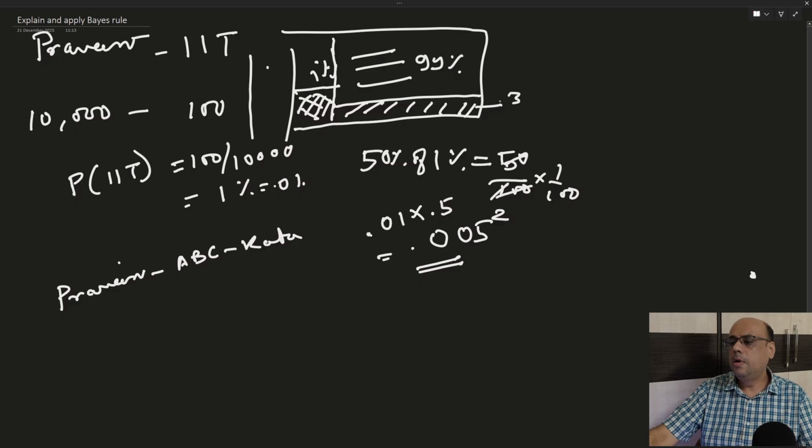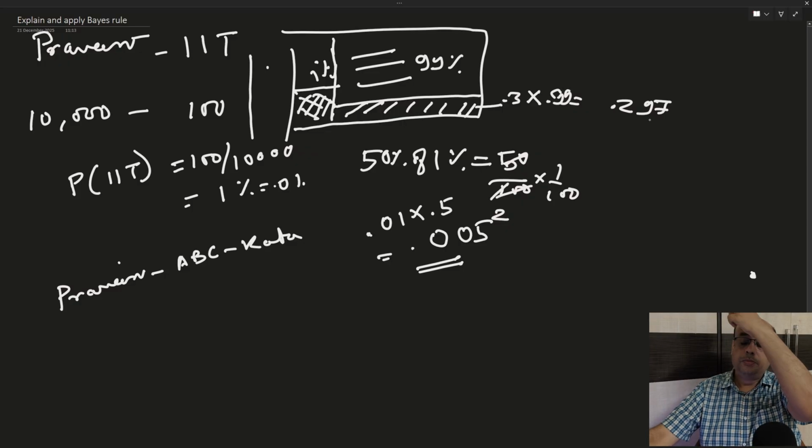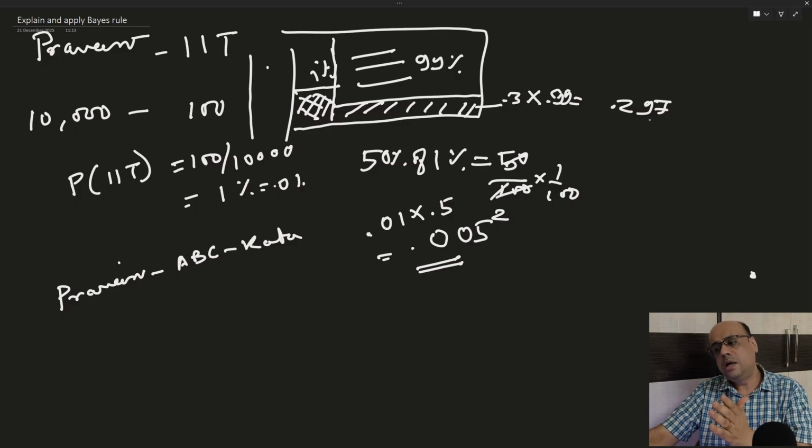So the proportion of the entire population is 0.3 into 0.99, which is 0.297. This is the proportion of students who could not get through, but who nonetheless had taken coaching in ABC.